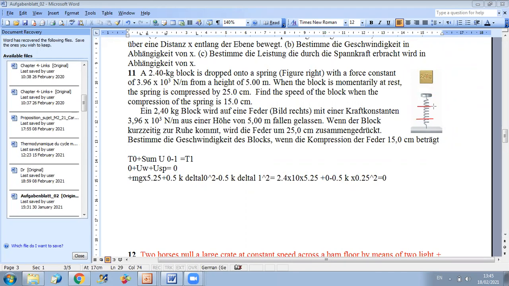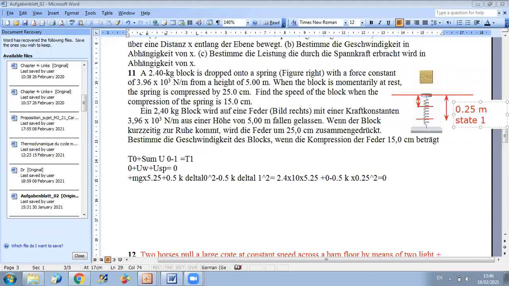And because we want to apply conservation of mechanical energy, we will take a reference. So we can write here that this is 0.25 meter of compression for state 1.